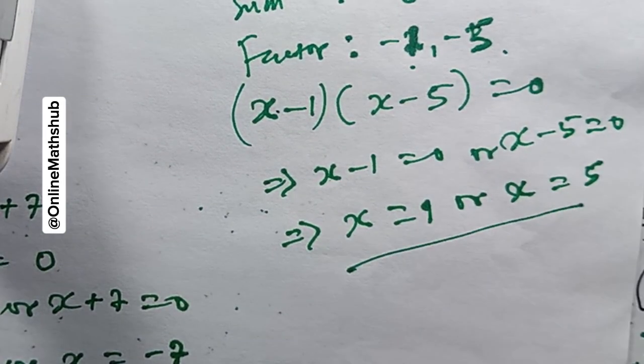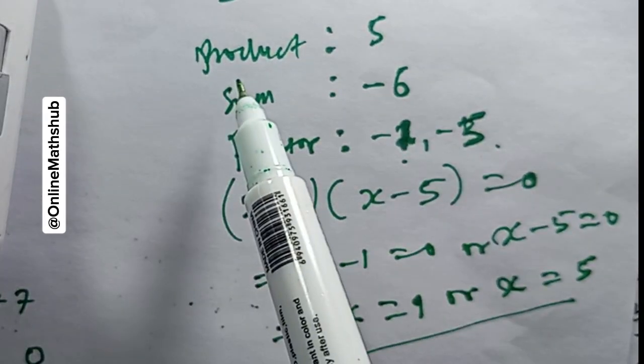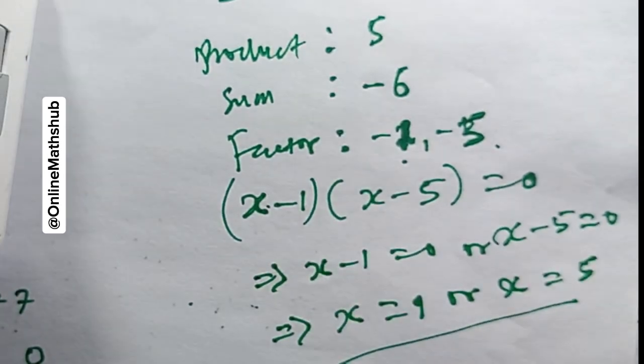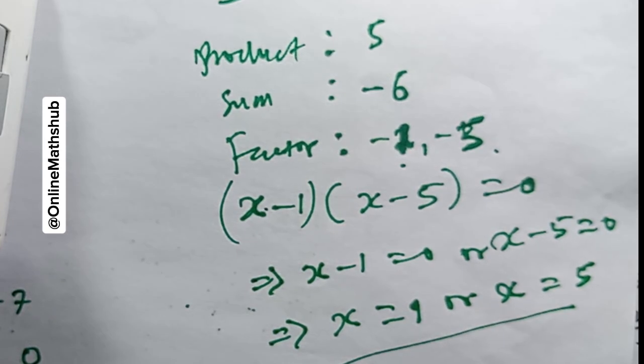So this is the simple way to solve a quadratic equation using the factorization method. Don't forget that the three things you need to solve it efficiently are the product, the sum, and also the factors. Once you're able to find these three terms, solving it becomes very easy for you.